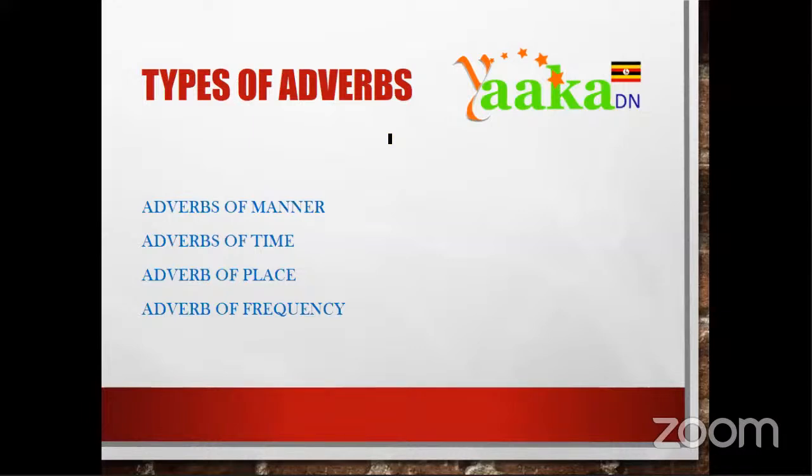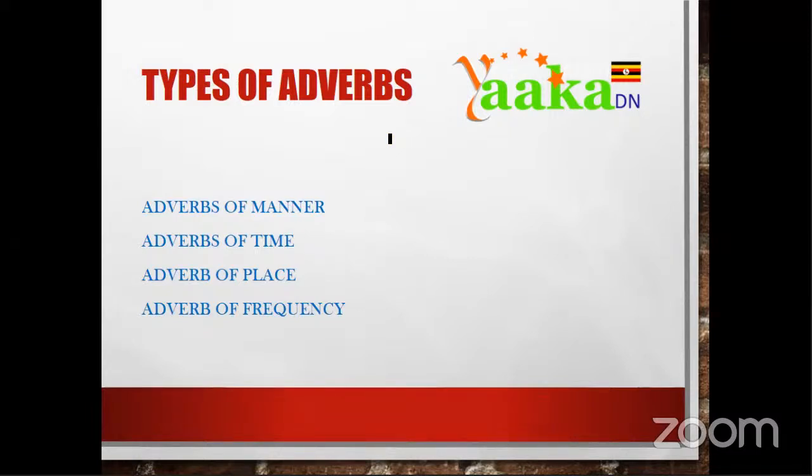Yes, I have Bright. Adverbs of time explain at the time something happened. Yes, adverbs of time explain when something was done. Okay, thank you. Hope. Adverbs of frequency describe how often an action happens.